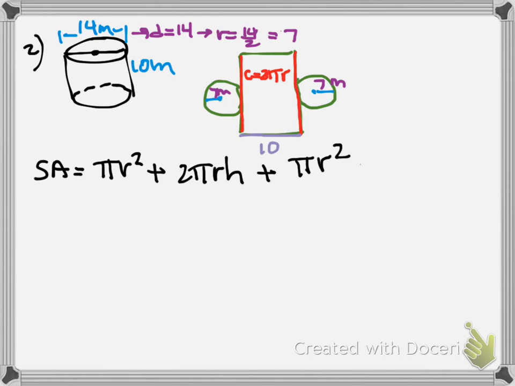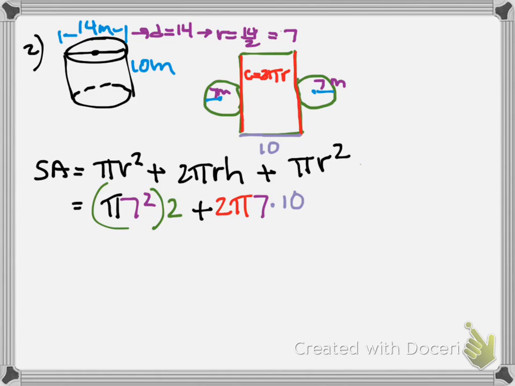Why not just take it once and then double the answer? So we're going to get pi 7 squared, and then I notice there's 2 of them. Okay? And then the circumference is the 2 pi r, so that piece is 2 pi, and the radius is 7. And then we're going to multiply that by the height, which is 10.